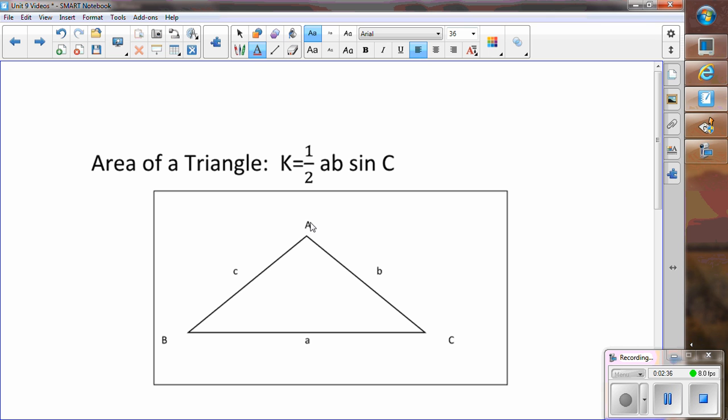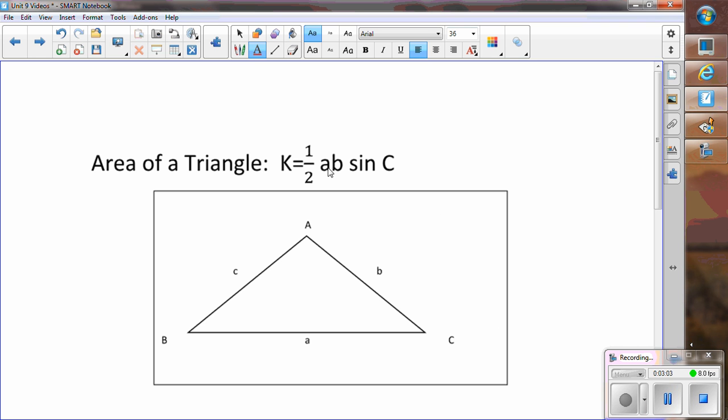Lowercase a will always be opposite uppercase A. So if this is uppercase A, its opposite side will be represented by lowercase a. If this is uppercase C, its opposite side will be represented by lowercase c. If this is angle B with uppercase, its opposite side is always lowercase. So capital letters represent angles, lowercase letters represent sides.